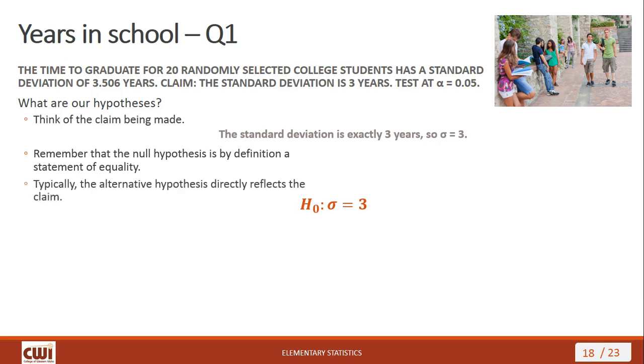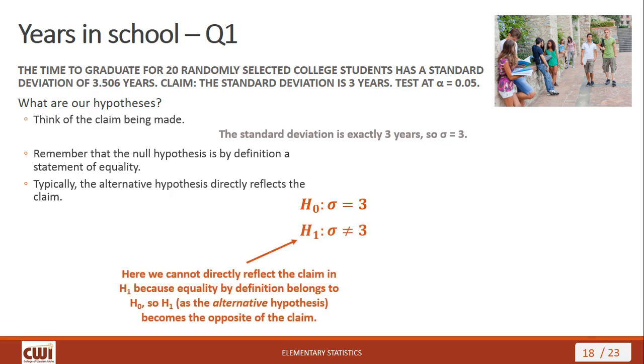Typically, we reflect the claim in the alternative hypothesis. However, in this case, we can't do that because equality, by definition, goes with the null hypothesis. So we have to take the complement of our claim, which is that sigma is not equal to 3.